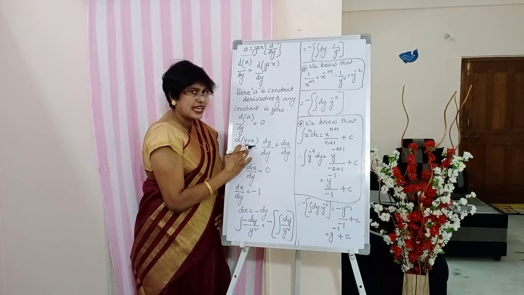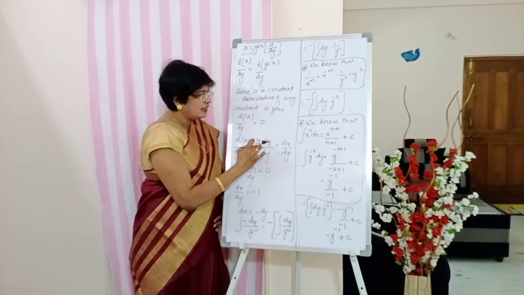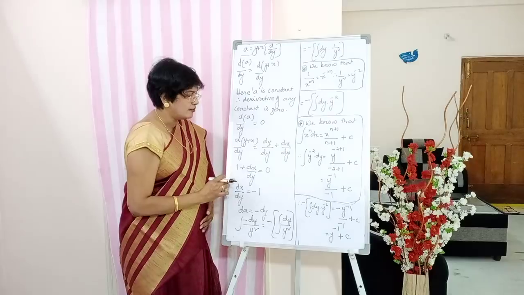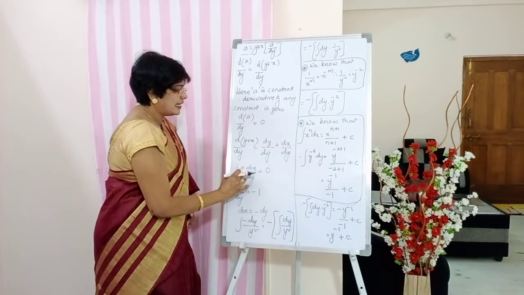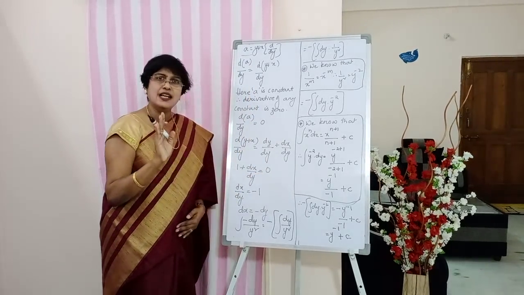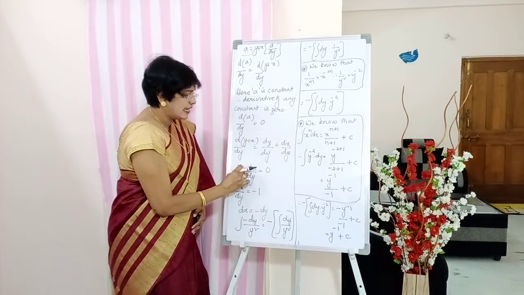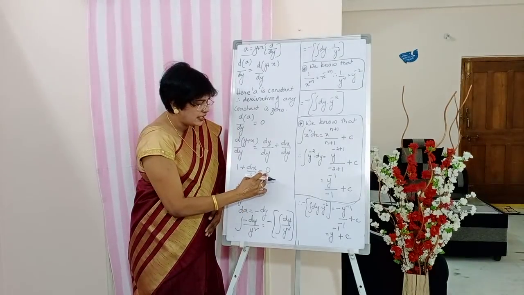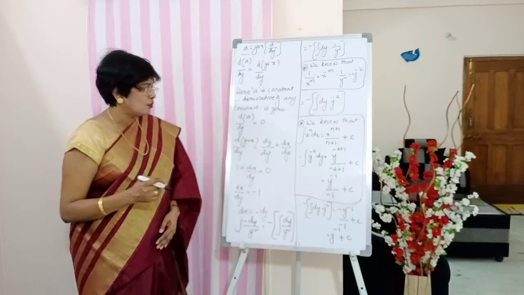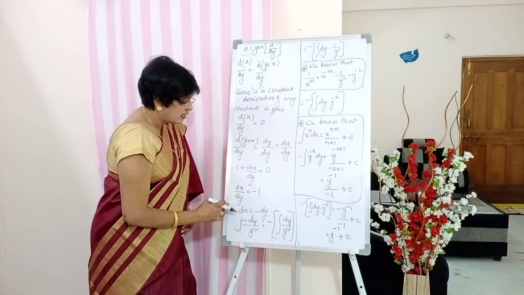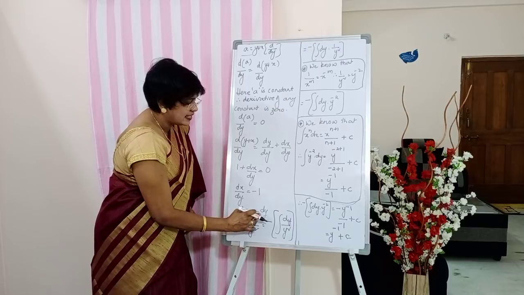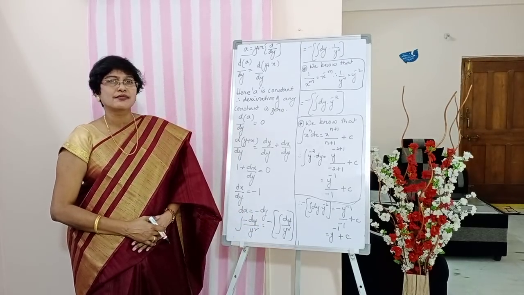Now dy by dy is 1, so 1 plus dx by dy is equal to 0, because the left hand side portion is 0. Now dx by dy is equal to minus 1, since the 1 comes to this side. So dx is equal to dy into minus 1, that is minus dy.